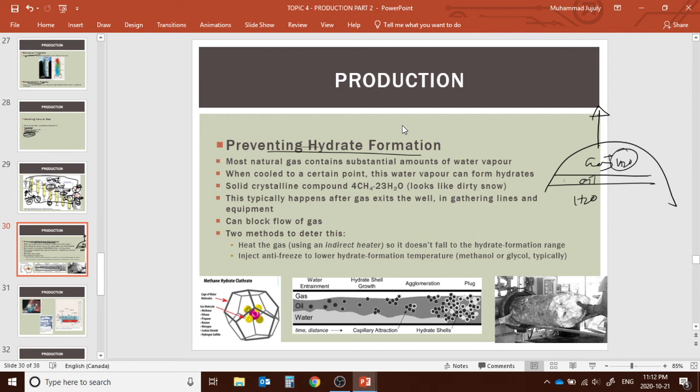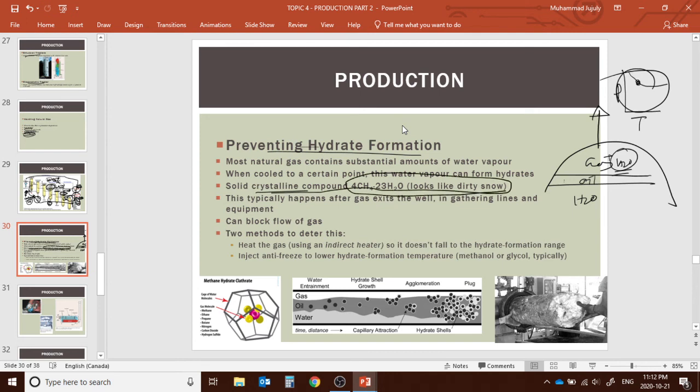Sometimes if it reaches a certain pressure and temperature, where the pressure is low and also the temperature is low, at that point this water can create a crystalline compound that we call clathrates.